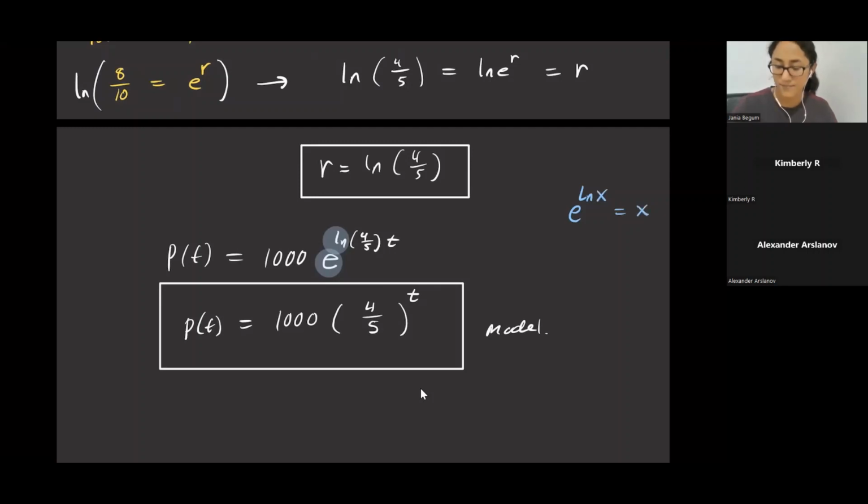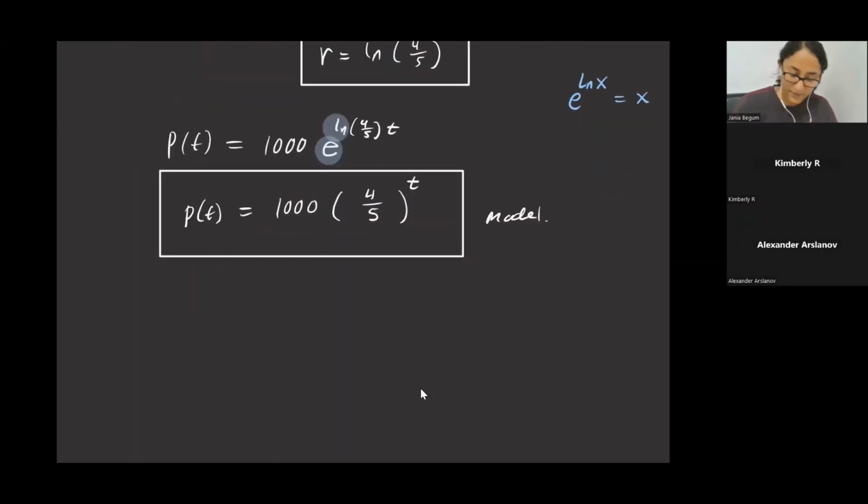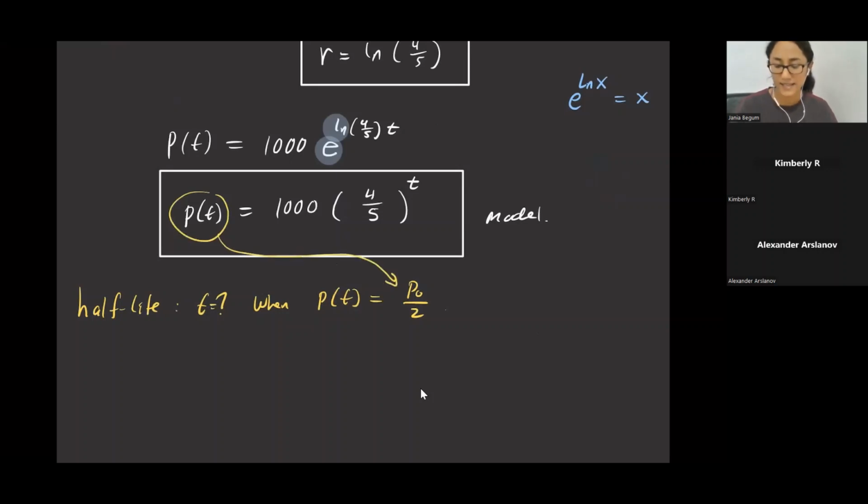Right, okay. So now we can find the half-life. Half-life means what is the time when the amount P of t is half of the original. That's what you're going to solve for. So I'm going to set this equal to this and solve for t.